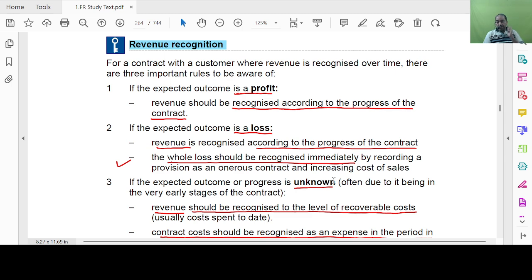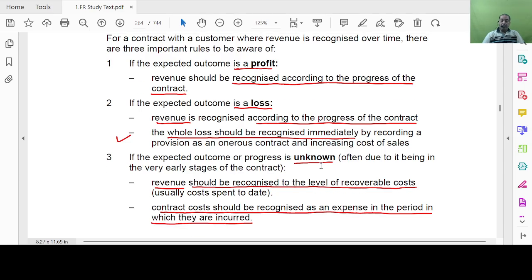Third case. First is if the outcome is expected to be a profit, second is if the outcome is expected to be a loss, and third is if the expected outcome is unknown. Then revenue should be recognized to the level of recoverable cost. That means revenue should not be on a progressive basis, on the basis of how much work is completed, but should be based on the actual cost incurred up to date, only to that extent.